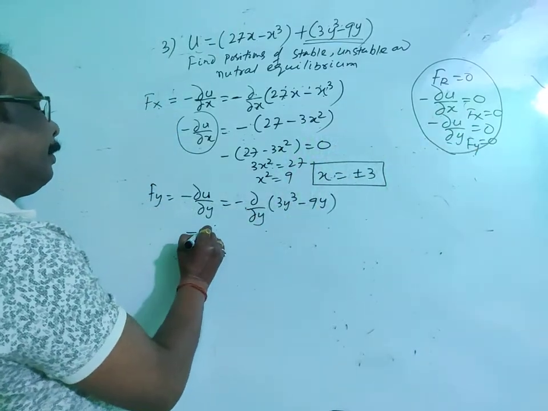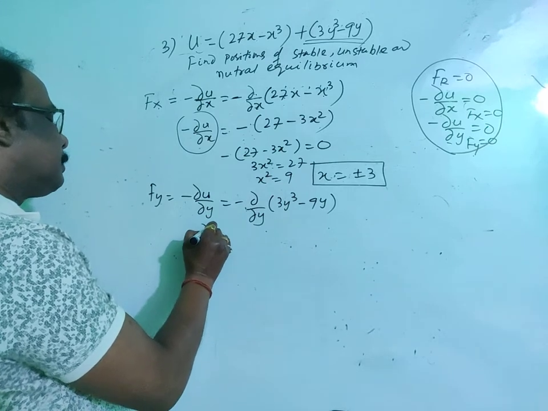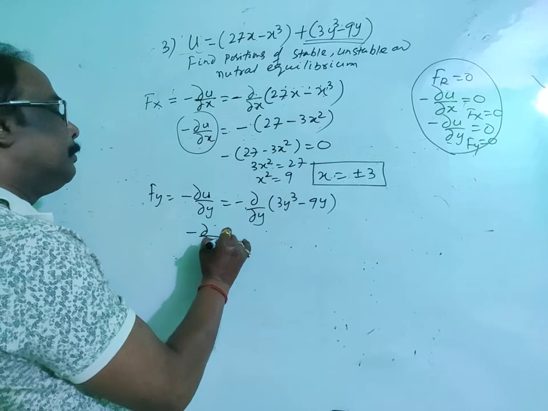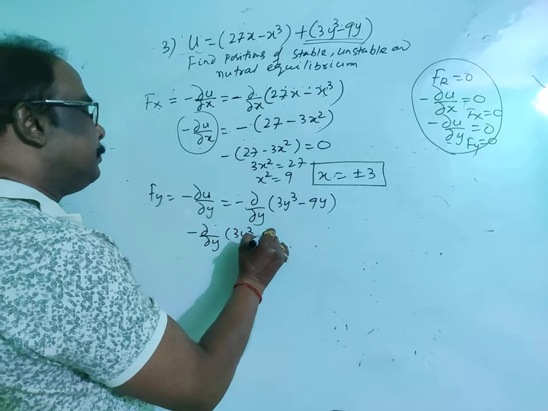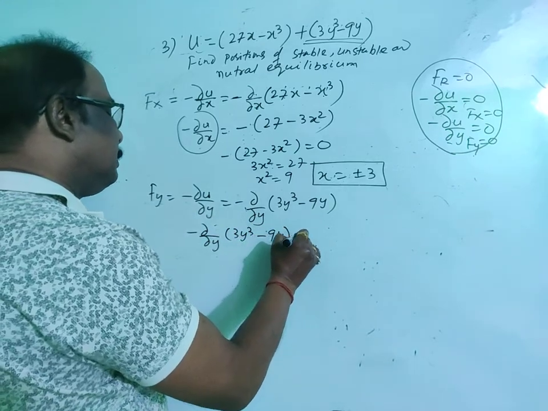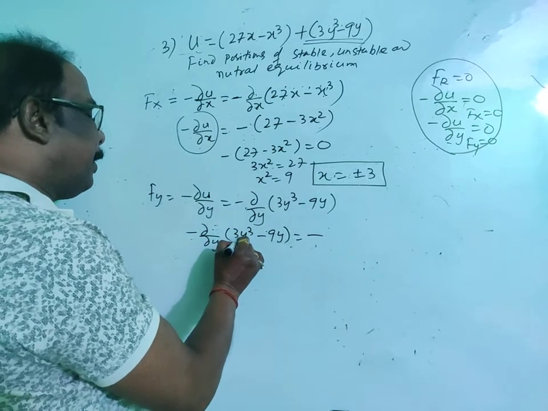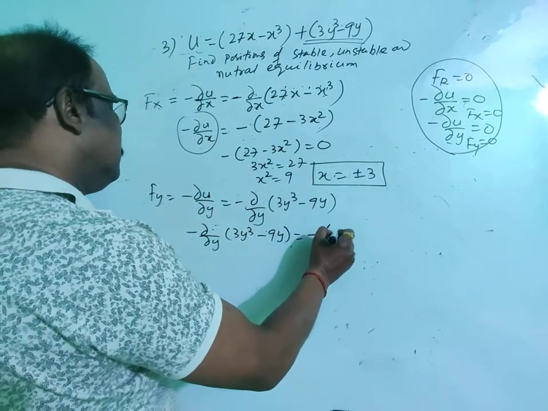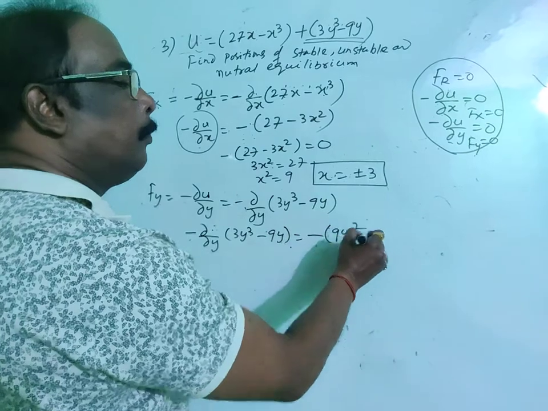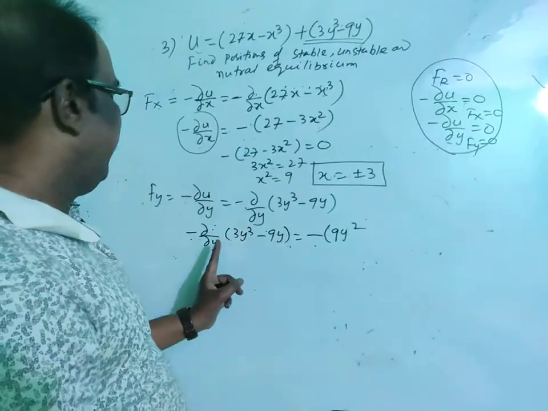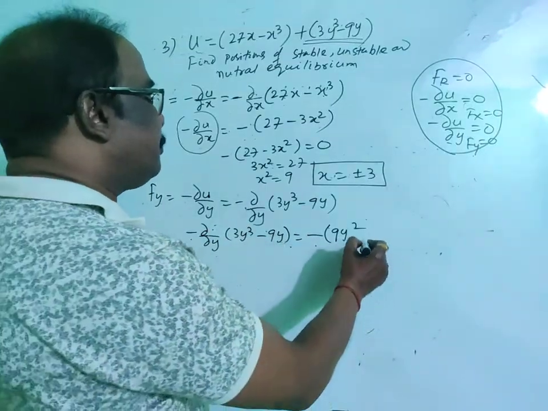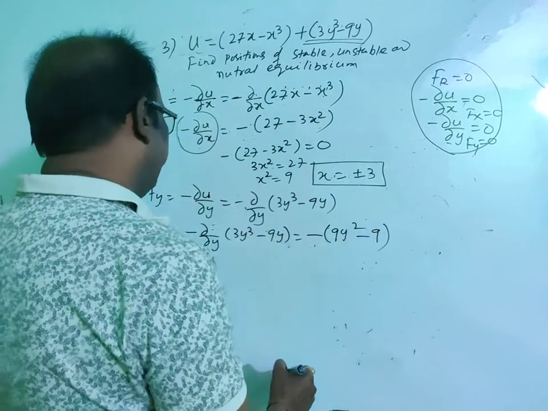So minus d by dy of 3y cube minus 9y: d by dy of 3y cube gives 9y square, and d by dy of 9y is 9.